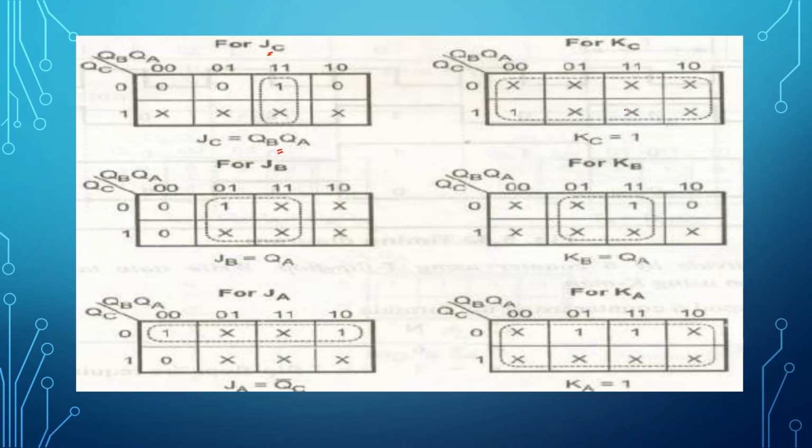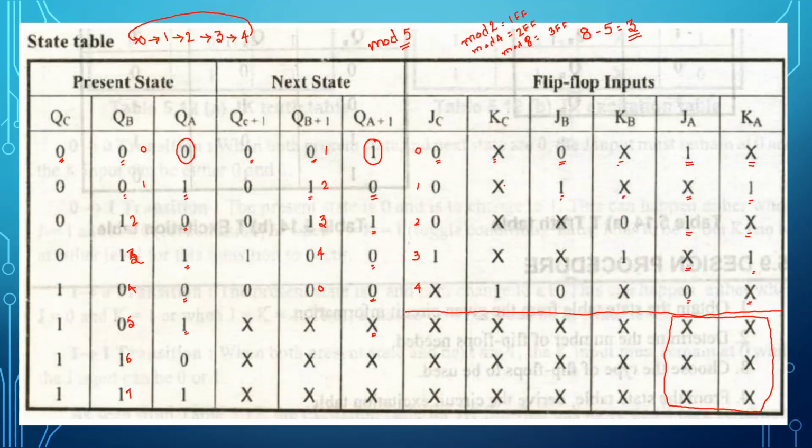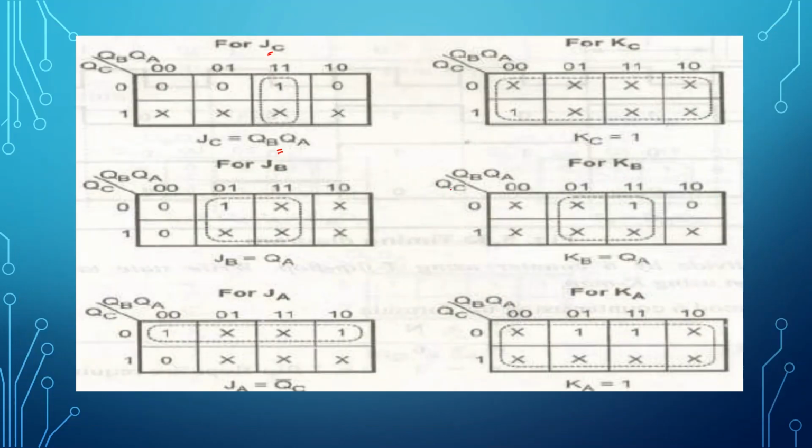Initially, I'll be looking for the octets. I can form an octet here, so I went with an octet here. So KC will be equal to 1. Very similarly, you can plot the K-map for JB, KB, JA, and KA, and you will be getting the respective formulas here. These formulas are very important for me in the design part.